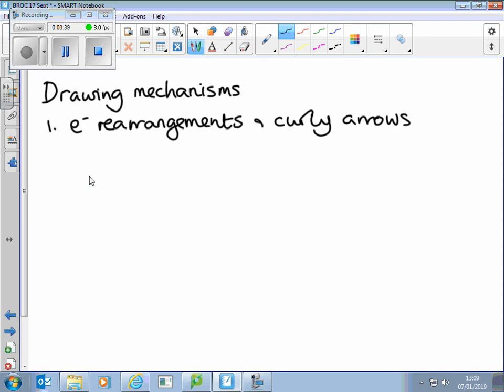We've got the sigma pairs, a sigma bond, which is your single bond. You've then got the pi pairs, which are the additional ones. They're in addition to the sigma pair. And then you've got lone pairs as well. Those are ones that are not involved in bonds.